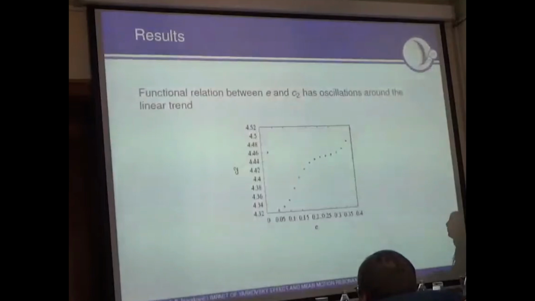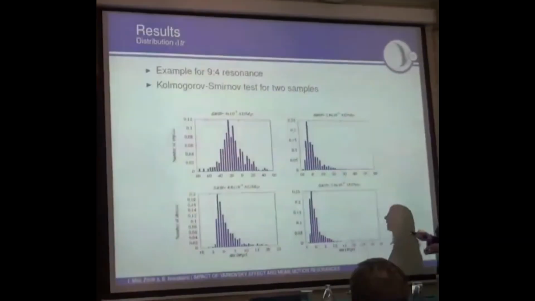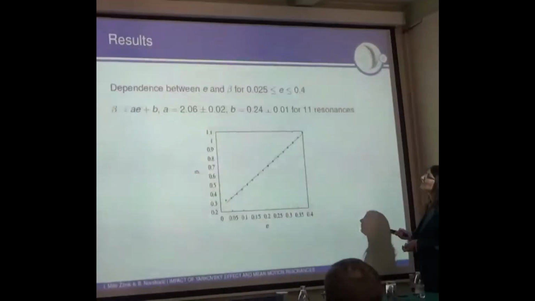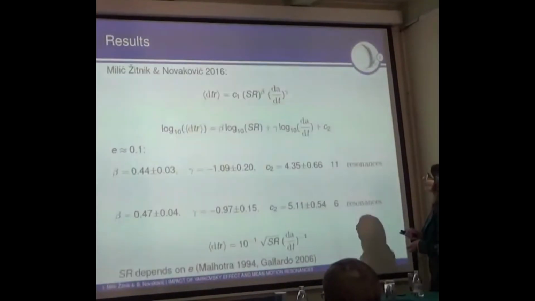Also there is some distinction for the smallest value of eccentricity, and because of that we decided to use values from this previous table for C2. And in this way we established the equation for the first time.